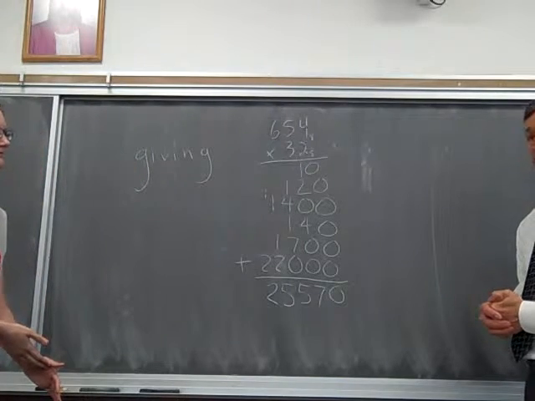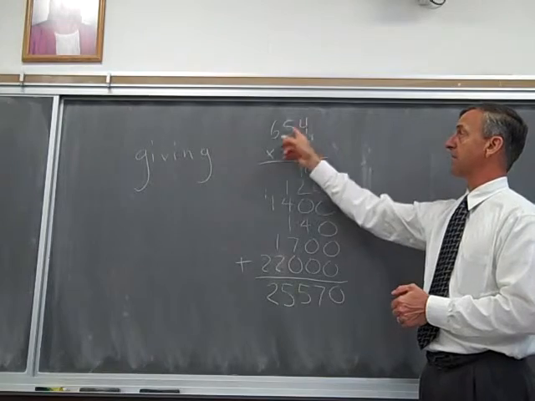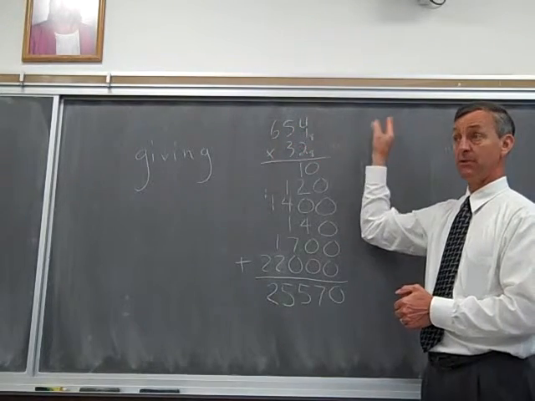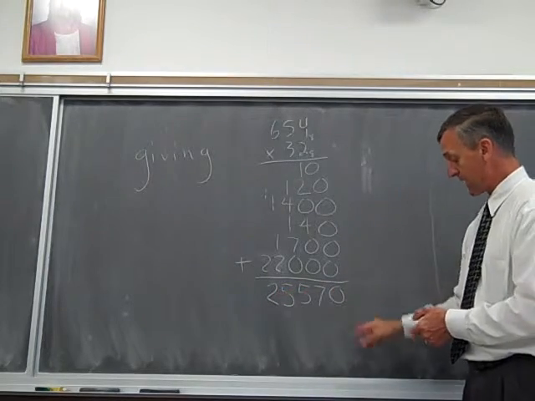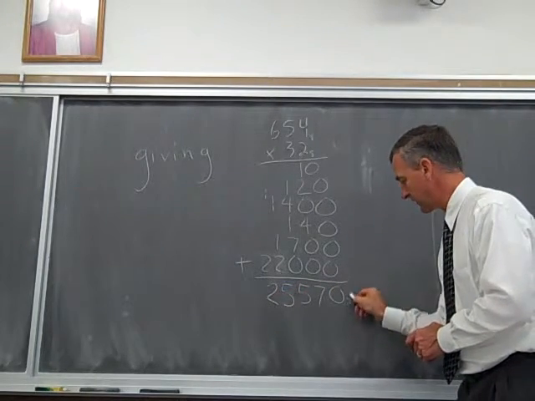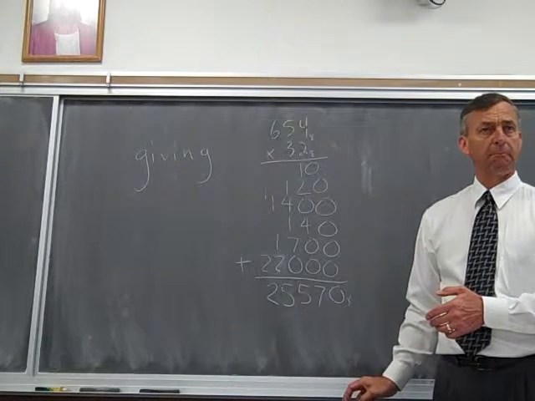We could quickly check this by grabbing a calculator, converting those to base 10 numbers, multiplying them with your calculator, and seeing if that base 8 number is equal to that base 10 number. How do you change it to base 10 again?